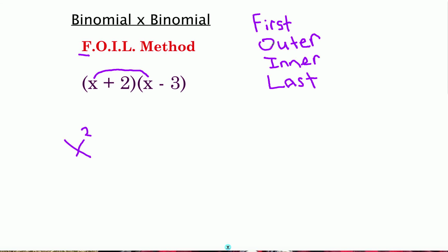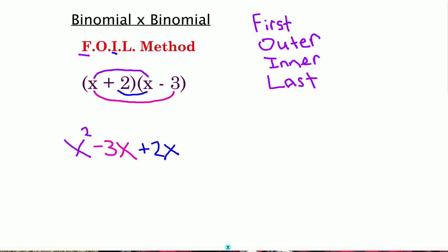Then the O for outer, so I'm going to multiply the outer 2 terms, x times negative 3. That would be negative 3x. The I for inner here means I'm going to multiply the inner 2 terms. So positive 2 times x is plus 2x.